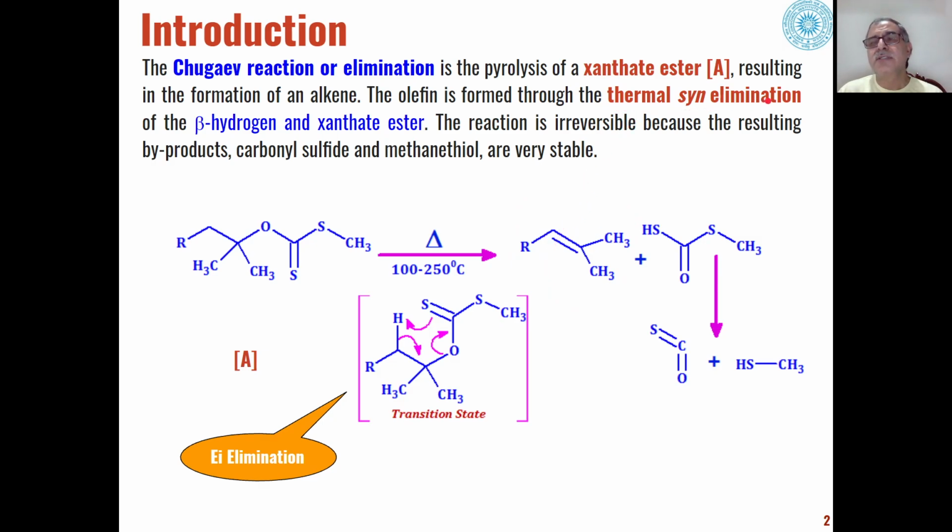And this reaction is called a thermal syn elimination because here the beta hydrogen and the xanthate ester undergo elimination from the same side of the double bond, same side of the carbon-carbon bond.